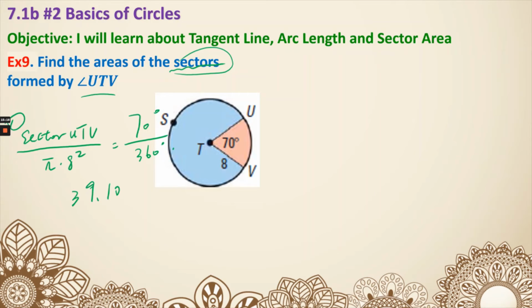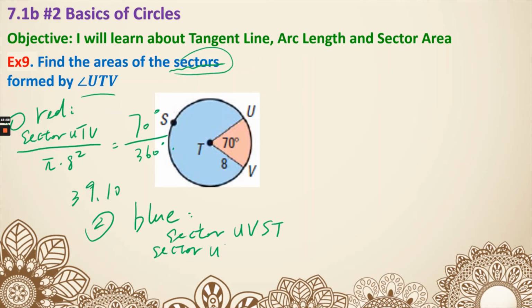That's the first part. For the second part, you have 2 different ways to do it. One is you can use the full circle, subtracting whatever we got from the first one. This one is the red. Now we're dealing with the blue, sector UVST. So you can either use the whole circle, subtracting what we just calculated, or you can just set it up again.